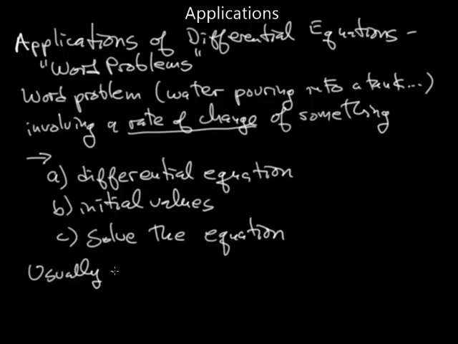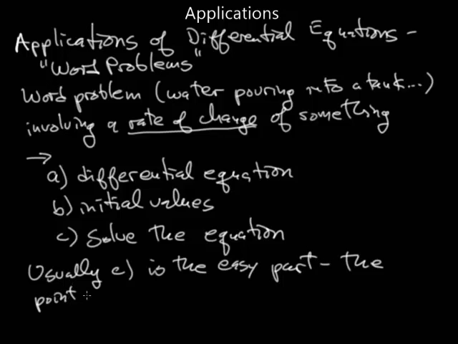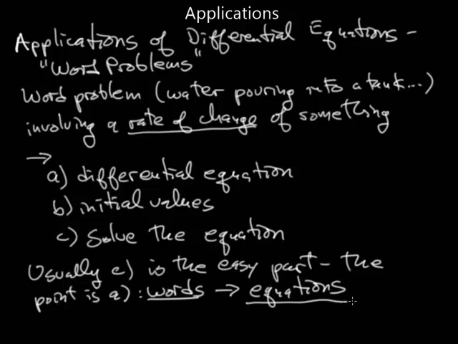We've talked about solving equations, so that's usually not the hard part. The challenge is the first part, just figuring out what the relevant differential equation is. In a sense, it's converting the words of the word problem to a differential equation. And that step is what we're going to be focusing on mostly.